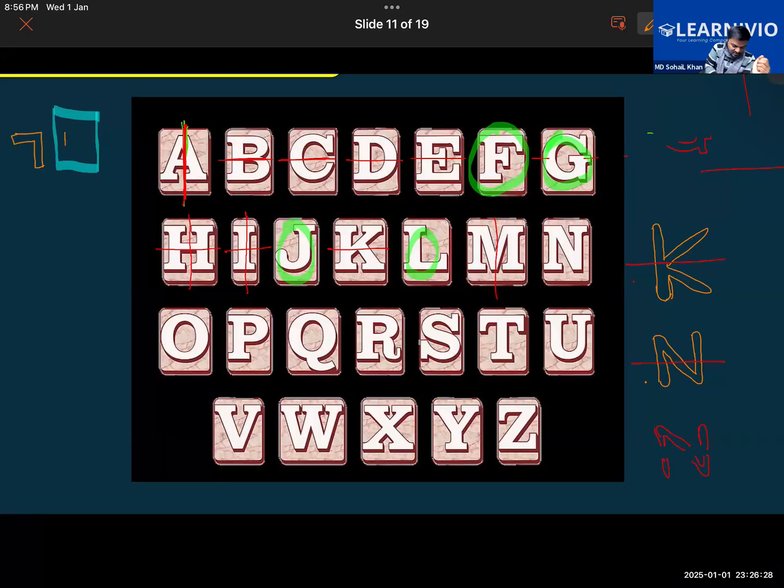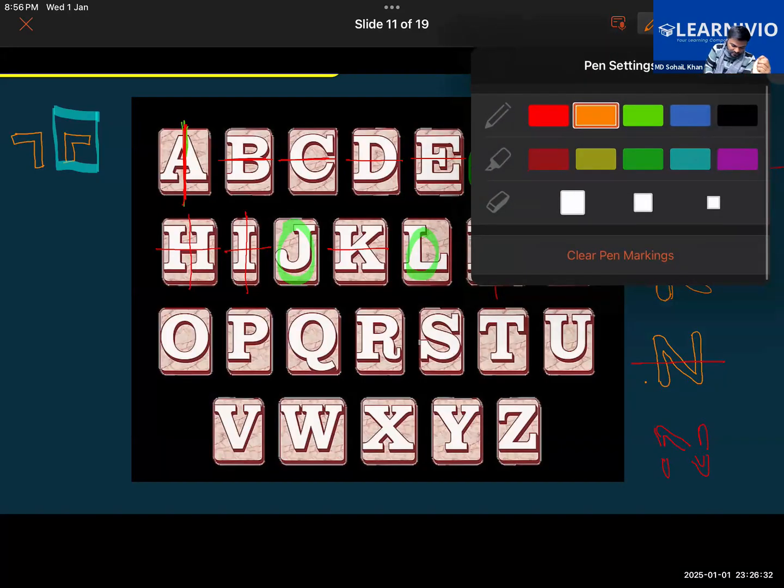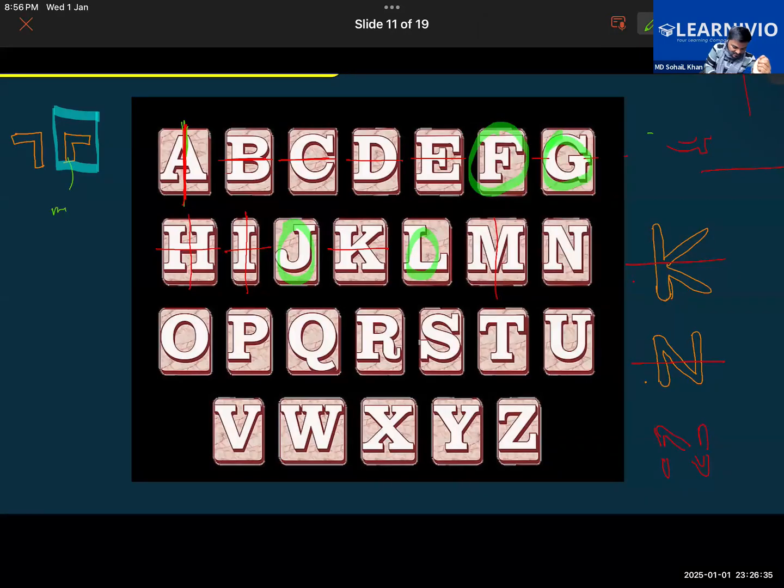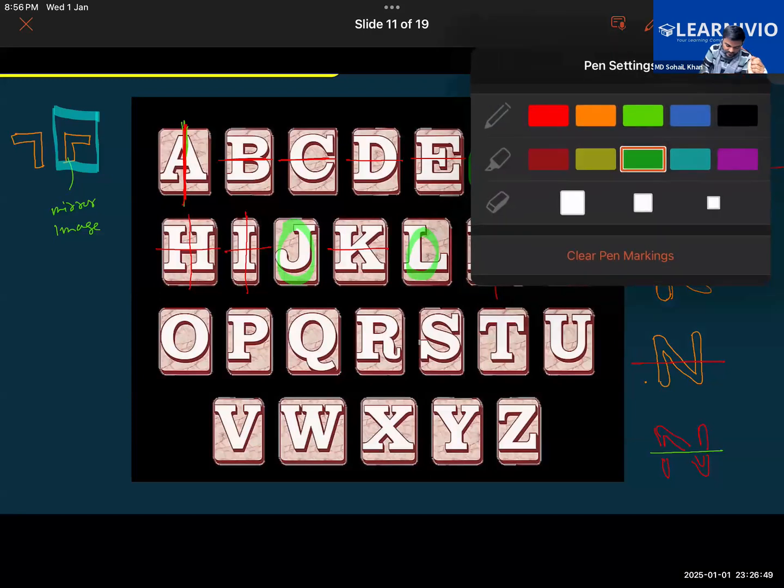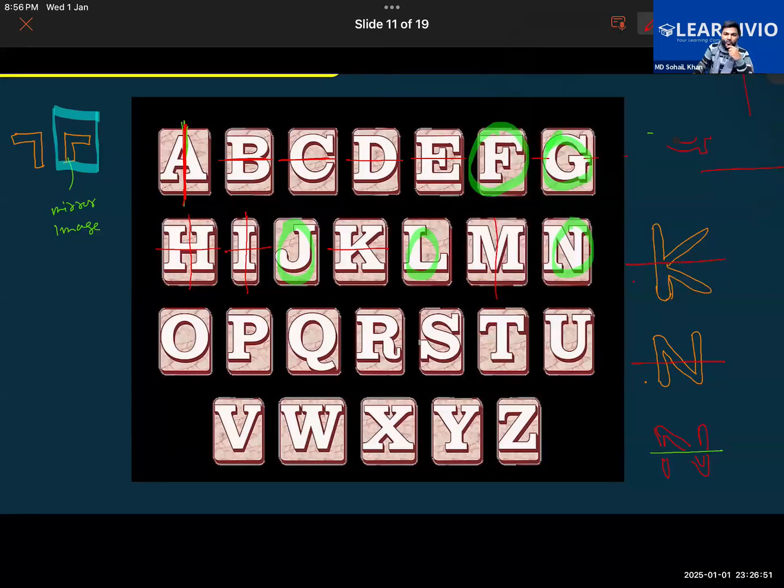In the mirror, the image of the object will be formed like this. We call this the mirror image. So does this look like the mirror image of this part? No. So N is also not showing any symmetry. Continue further. What about O?